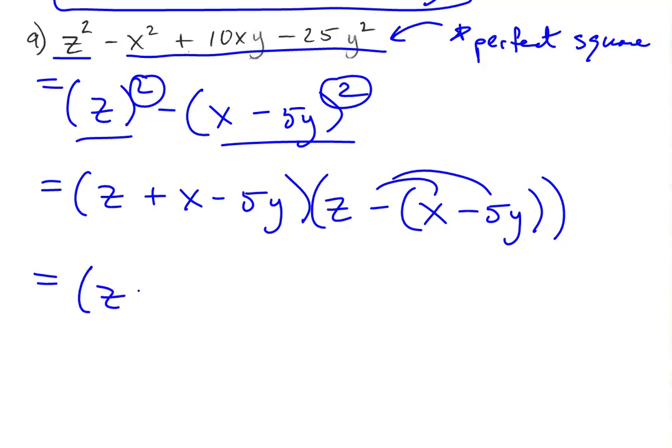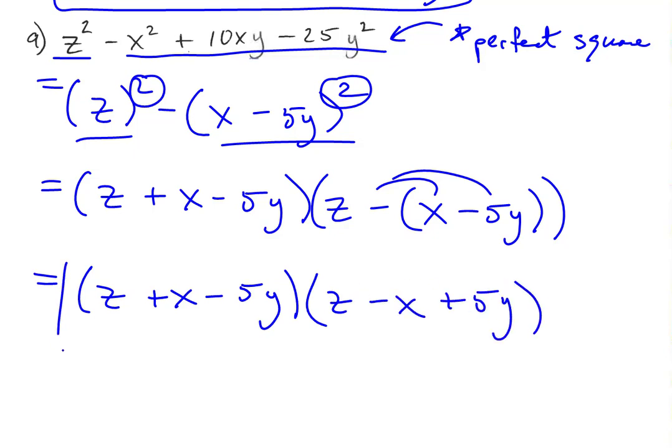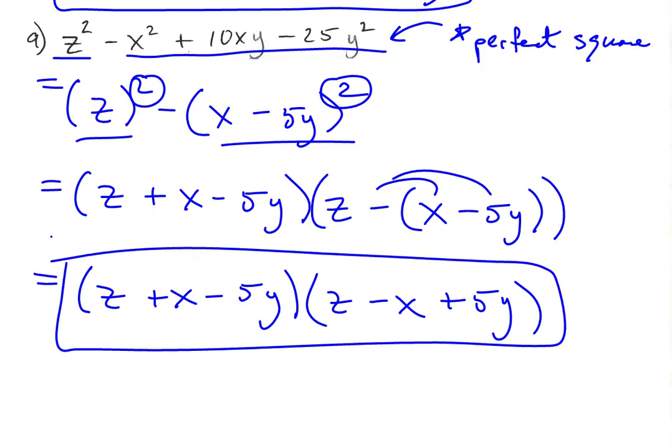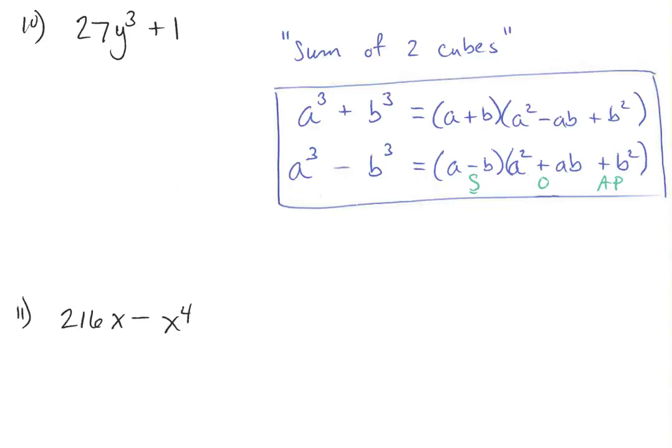So altogether, our final result here would be z plus x minus 5y times z minus x plus 5y. So there could be other equivalent ways of writing this by rearranging some of the terms inside here, as long as the signs in front of those terms match, but this is where we could stop with this one.